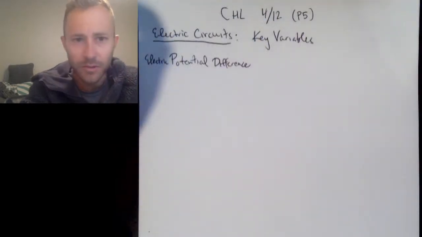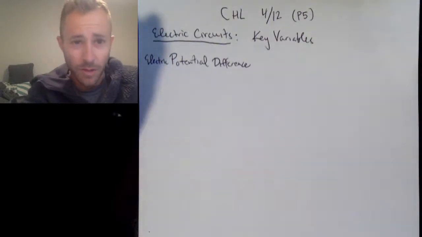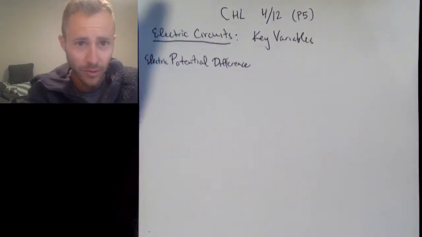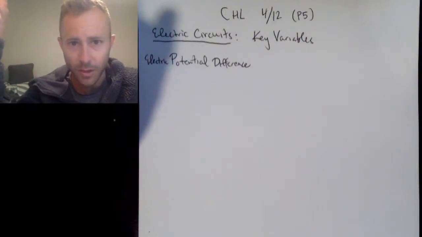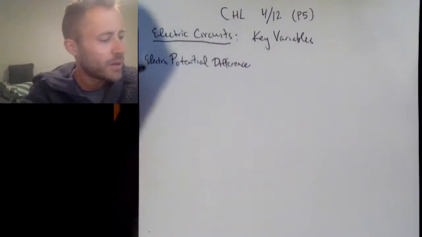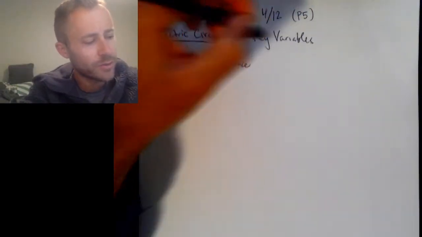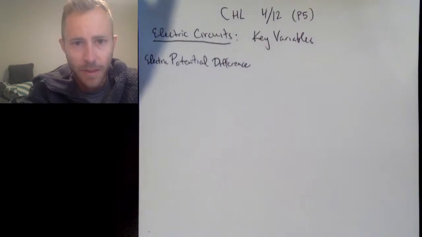By the way, this lesson is going to be more or less a review of last year's circuits, and then in the next lesson this week, we'll start talking about new circuit things, but I just wanted to remind you. So electric potential difference is one of the key variables.